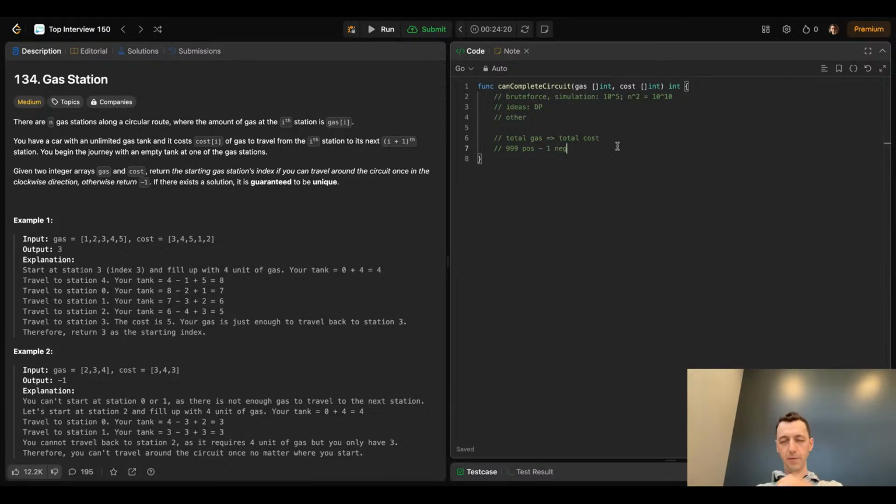If you have 99% gas-positive segments, there could be a situation where you need all this positive extra gas to go through that one super costly negative. So there'll still be only one solution there.